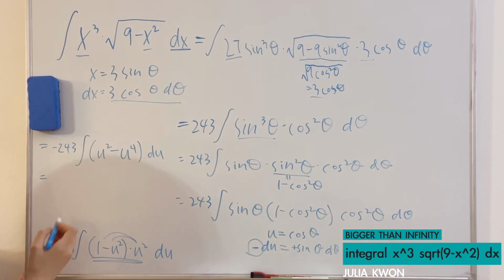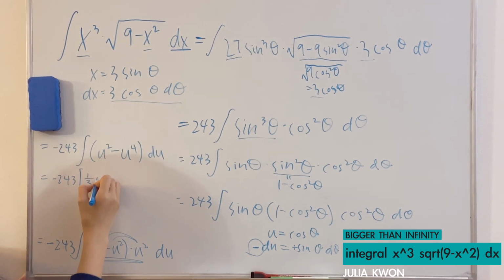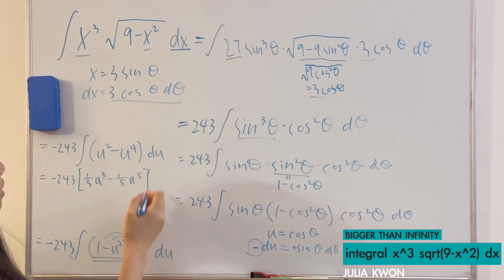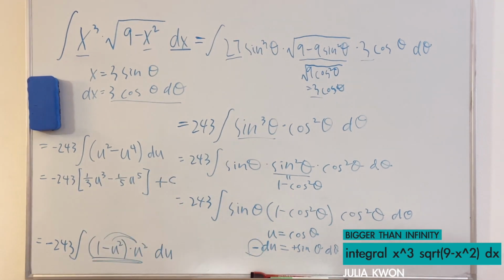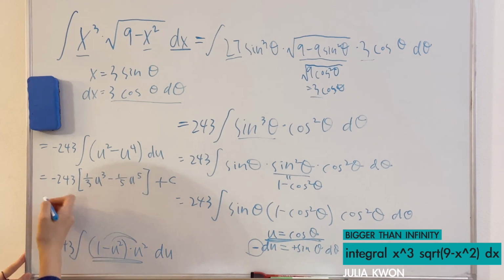Now we can take the integral. If we take the integral, then we would have negative 243 times 1 over 3 times u to the power of 3 minus 1 over 5 times u to the power of 5 plus c. Okay, now we can substitute the u back, which is equal to cosine theta.